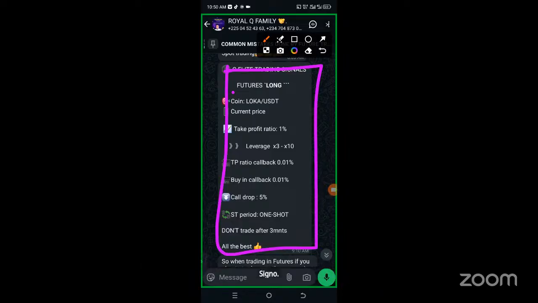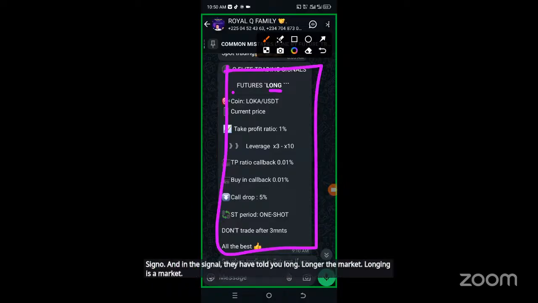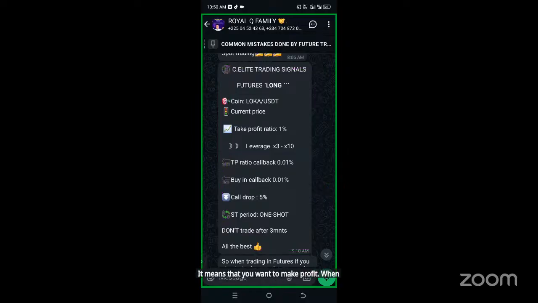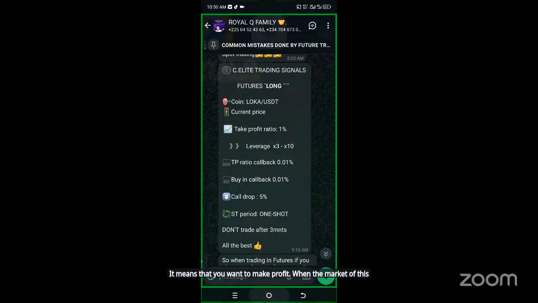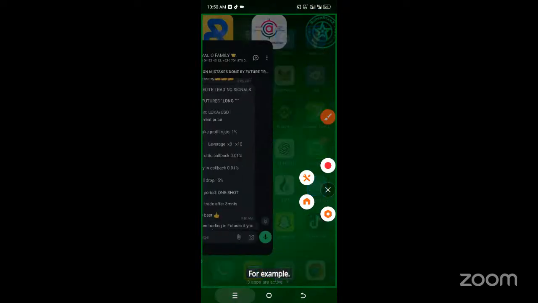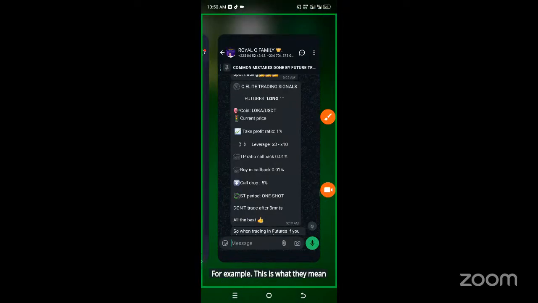And in the signal, they have told you to long the market. Longing the market means that you want to make profit when the market of this coin goes up.